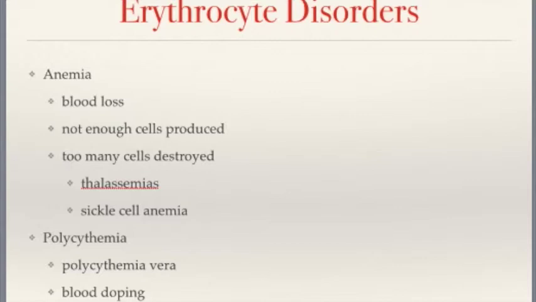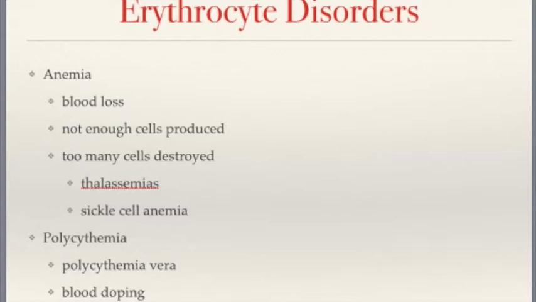All right, there are 2 general categories of erythrocyte disorder. One is essentially a condition when the blood is unable to carry as much oxygen as normal. It can't support your body's normal function because it cannot carry enough oxygen. So this is a sign of some other problem going on in your body.